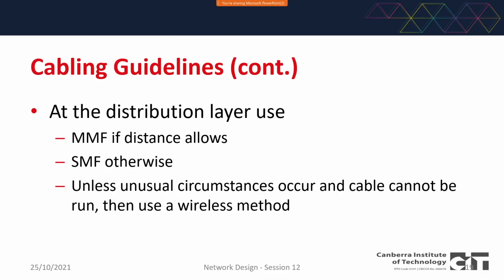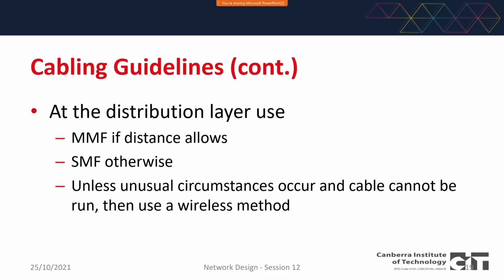At the distribution layer, what do we usually do? At the distribution layer switches, we usually recommend multi-mode fiber if the distance allows, or single mode fiber if the distance is a few kilometers away. Multi-mode fiber, if it's less than probably a kilometer away, say 500 meters away, can still do the job.